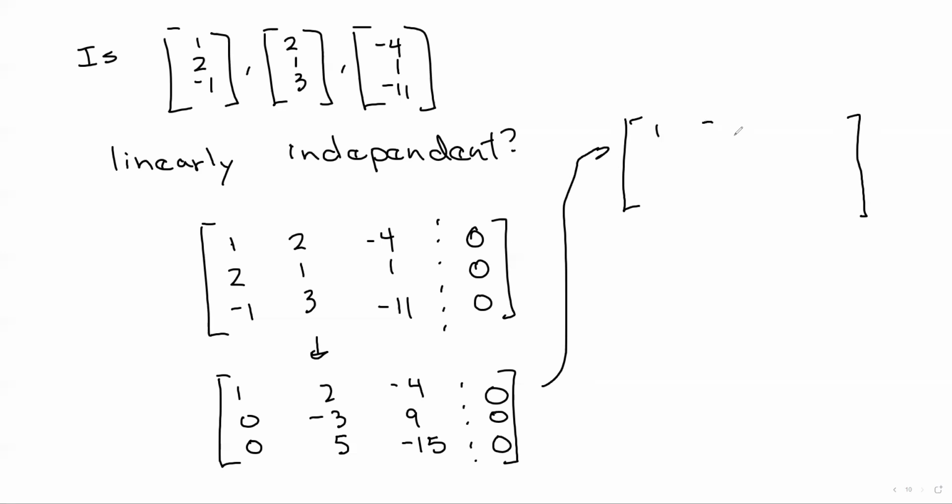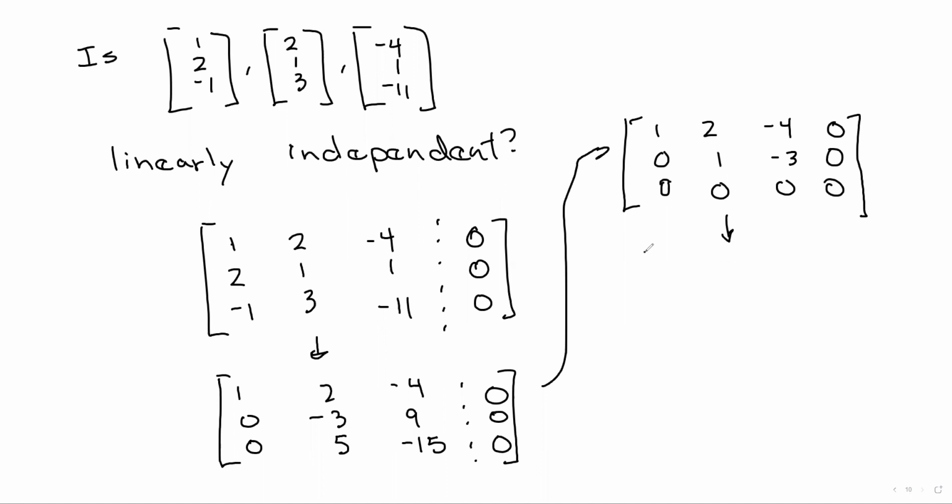So we're going to have 1, 2, -4, 0, 0, -3. Well, actually, while we're at it, let's divide this row by -3. And so we're going to have 1, -3, 0, 0, 0, 0, 0.